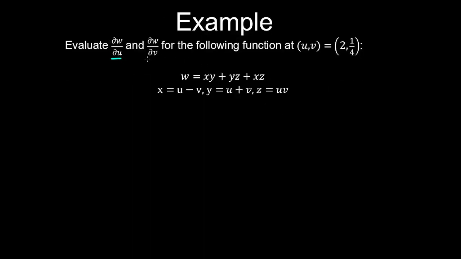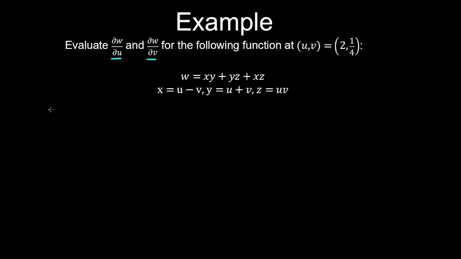Evaluate these partial derivatives for the following function w at the following values of u and v. So here we see w is a function of 3 variables, and x, y, and z, being the intermediate variables, are functions of u and v.